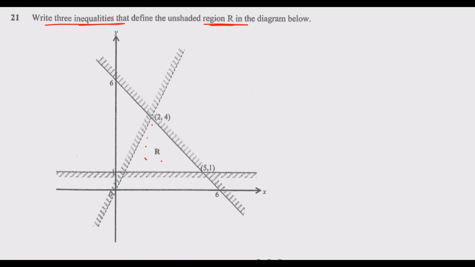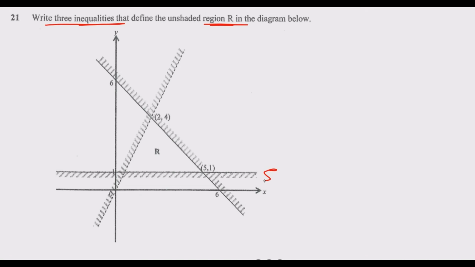The first thing we need to know is that a solid line means it's not strictly greater or less, but there is an equality aspect. So it's either greater than or equal to, or less than or equal to. The first line here is a solid line.